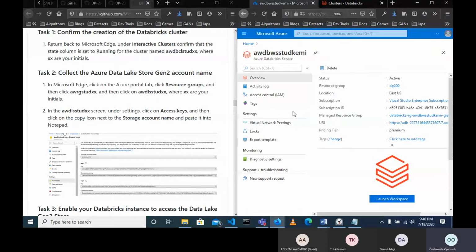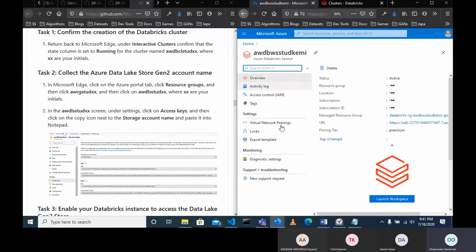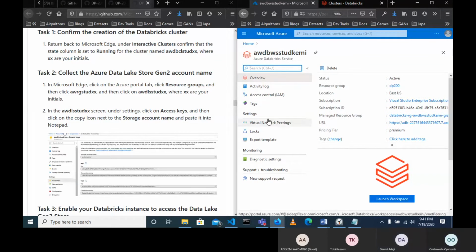The right place now. Access keys. Access keys. Settings. Settings.